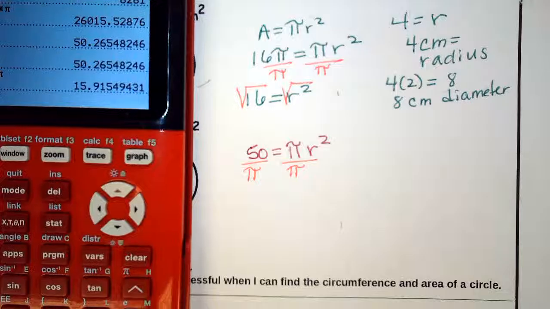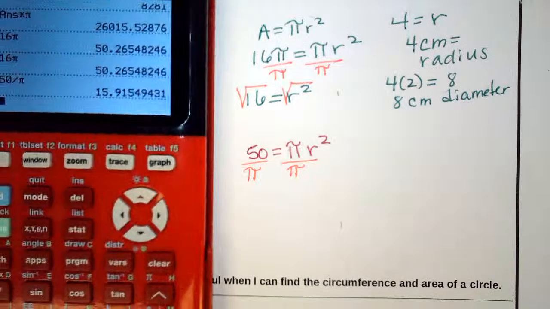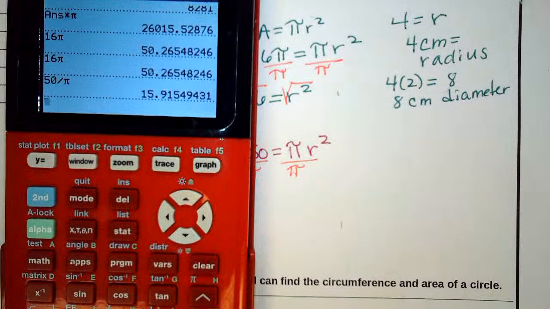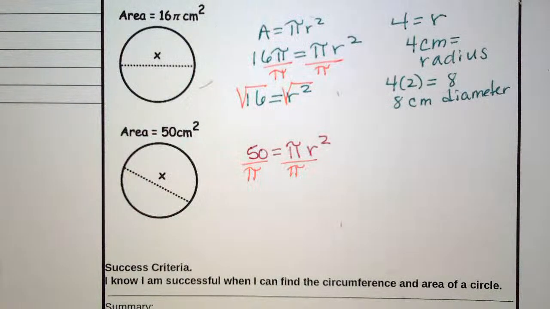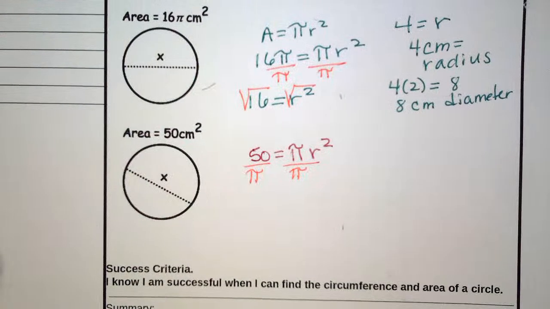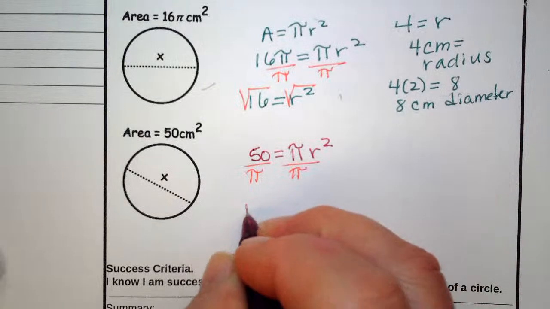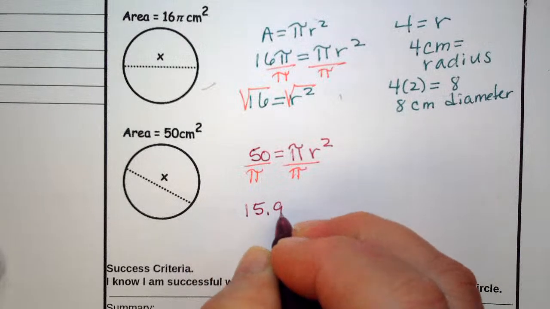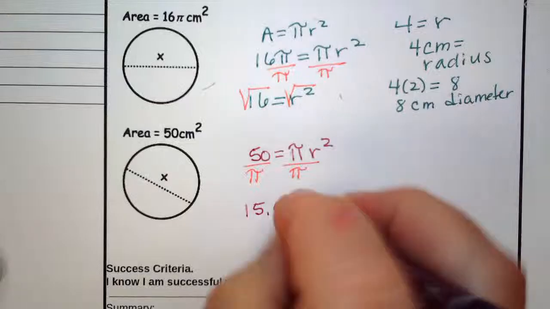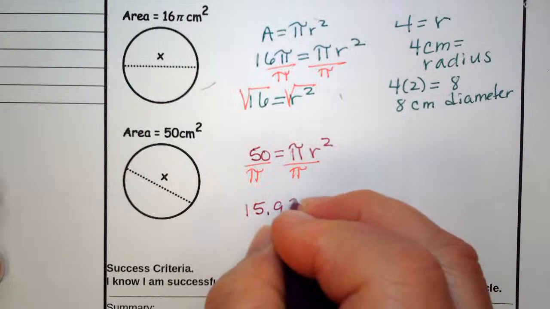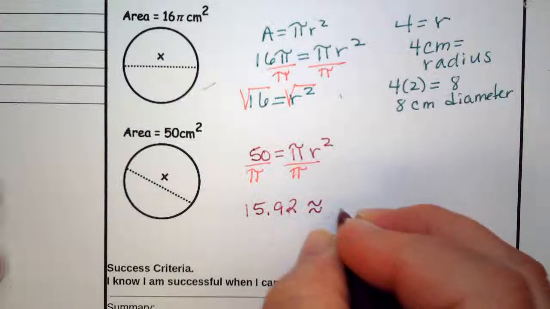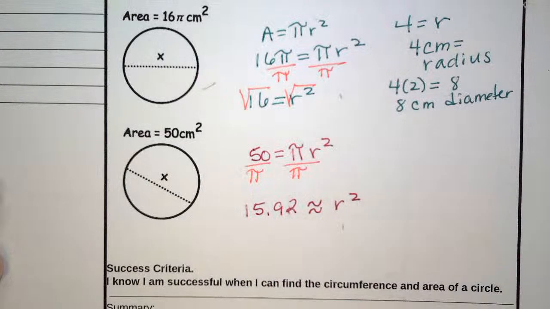I get 15.91. So when I do that, I would round up to 16, or I can leave it as 15.91. And that is approximately r squared. Square root both sides.